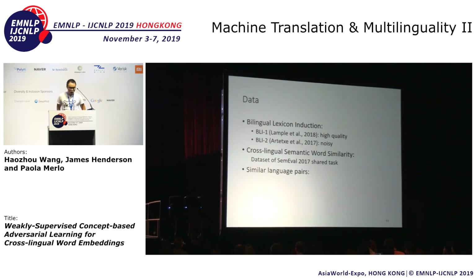We determine similar language pairs and distant language pairs according to the dependency distance. For similar language pairs, we have English to German, French, Spanish, and Italian. For distant language pairs, we have English to Finnish, Russian, Turkish, and Chinese.